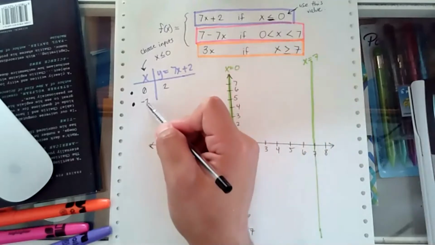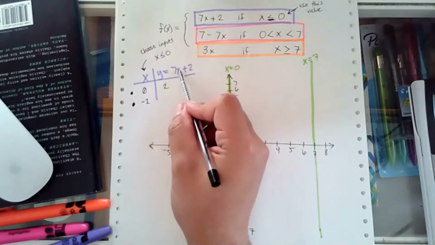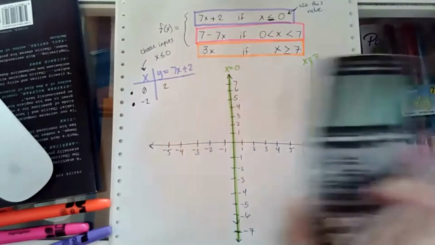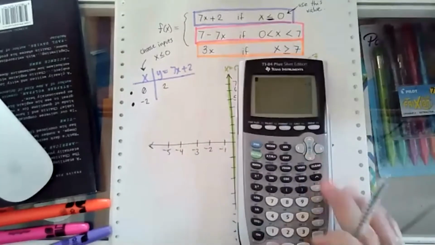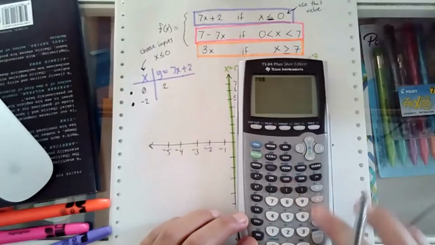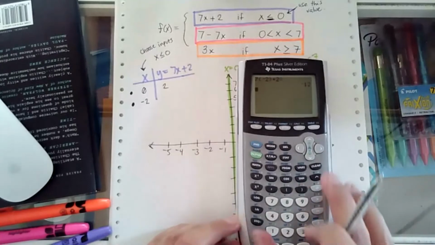It's a valid x value. It's a valid input. And now when I plug this in, 7 times -2 is -14 plus 2. Go ahead and throw that in the calculator because there's a lot of moving parts here and we can't be bogged down with the arithmetic too much. So 7 times -2 plus 2 is -12.